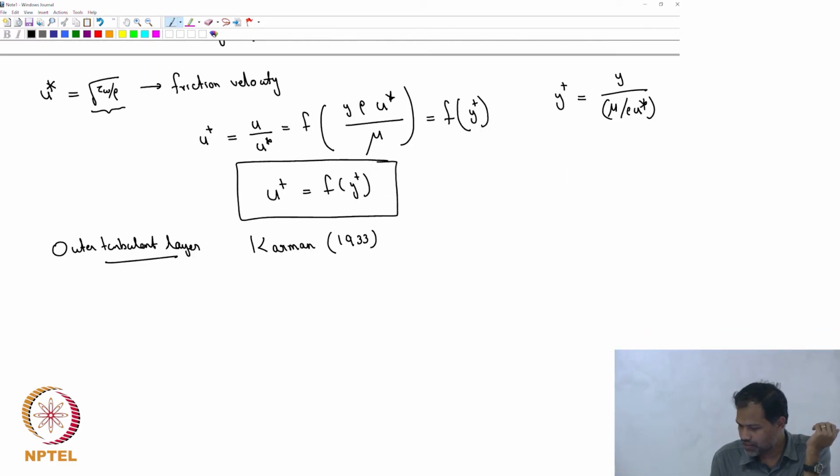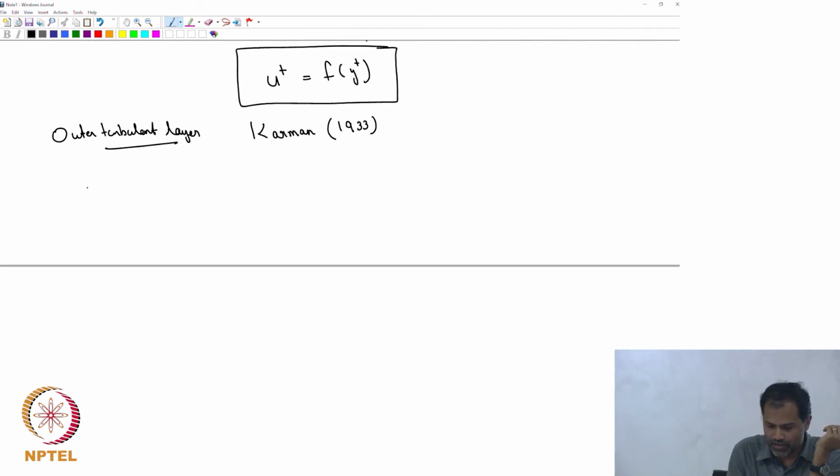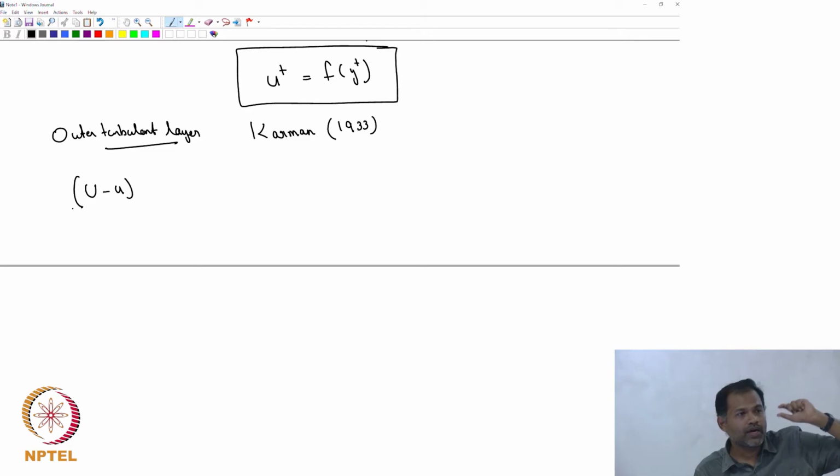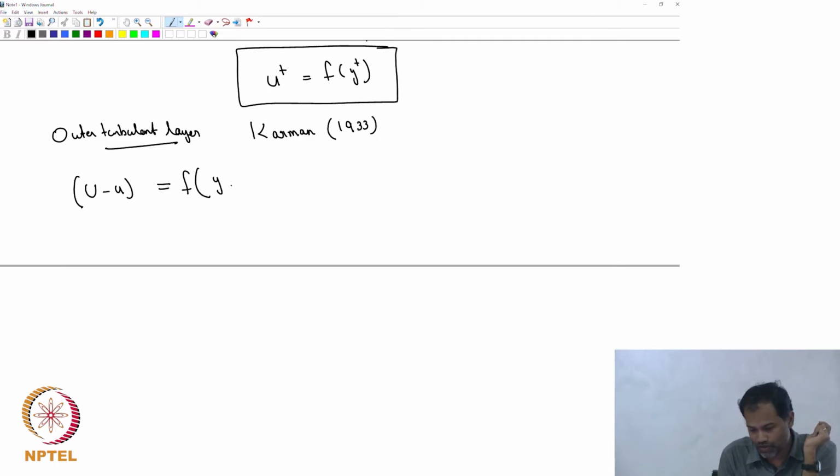He said, let us write down U minus u. So, that is the free stream velocity minus the velocity in the turbulent layer as a function of, of course, distance from the wall, the shear stress which is driving it, but this time the viscosity is not going to come into the picture.